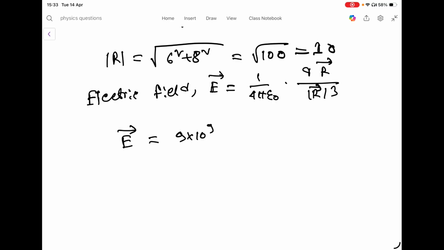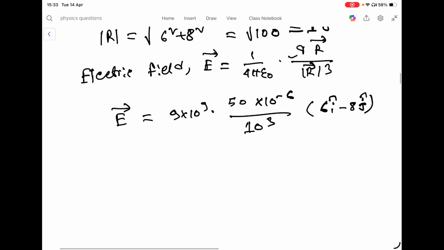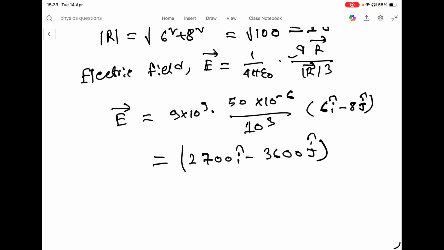So it will be 9 into 10 to the power 9 into small q 50 into 10 to the power minus 6 divided by 10 cube radius, and r vector was 6 i cap minus 8 j cap, right. So if you try to calculate these things, finally you will get 3600 j cap Newton per coulomb, right.